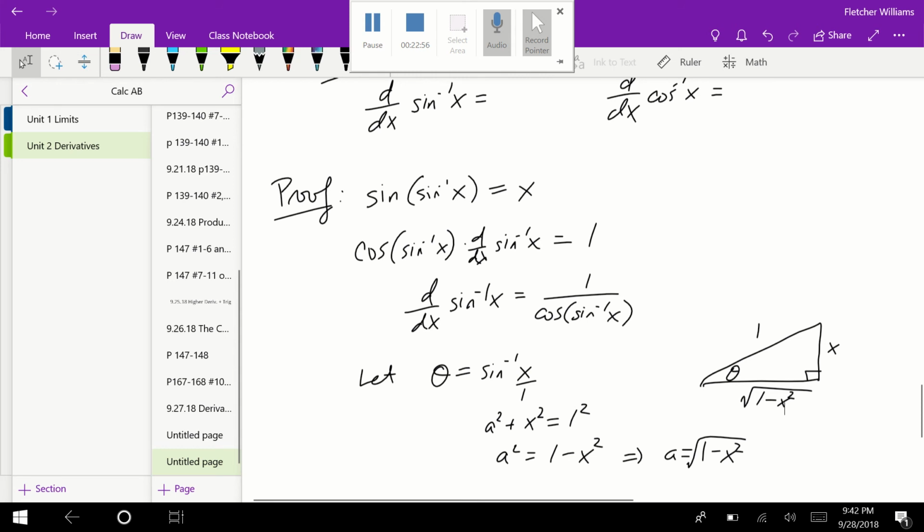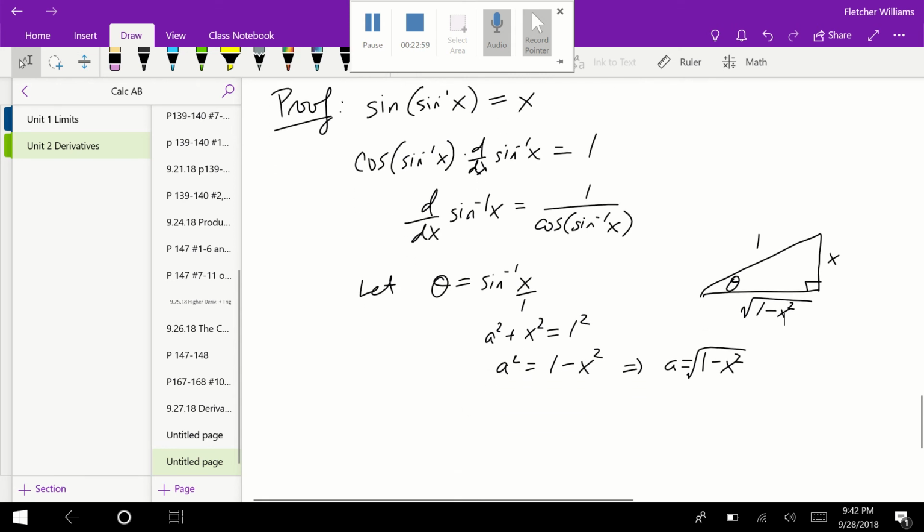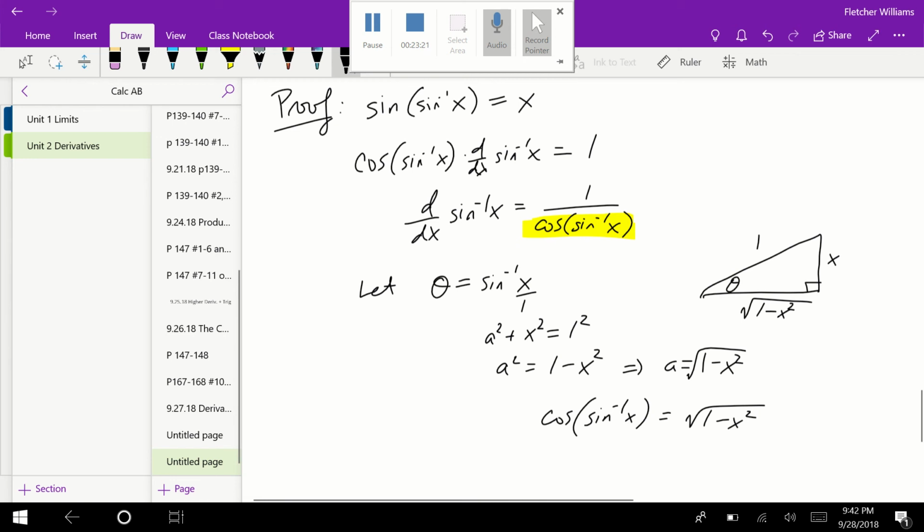Okay, so then we said, up here, the derivative of inverse sine x is 1 over cosine of inverse sine x. So what's the cosine of that angle? Cosine of that angle is just root 1 minus x squared over 1. Okay, so then the derivative is 1 over root 1 minus x squared.